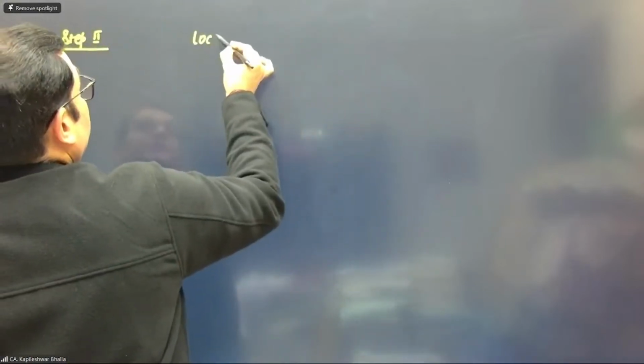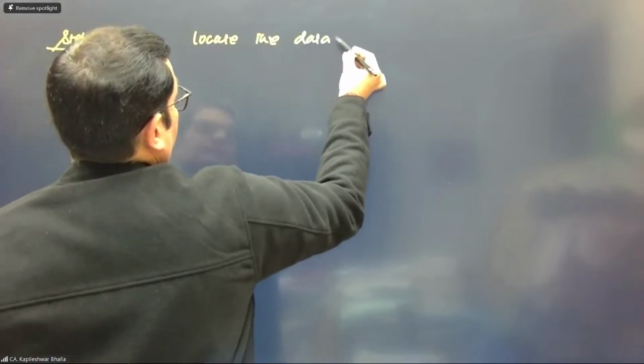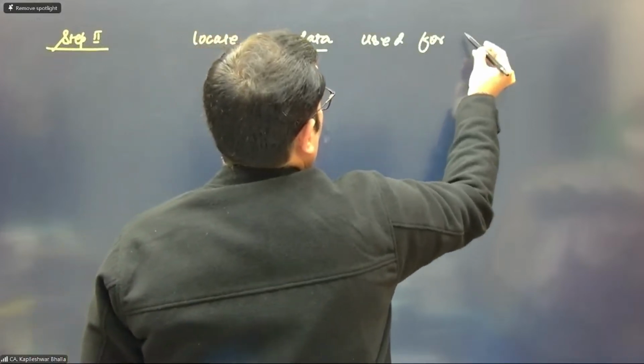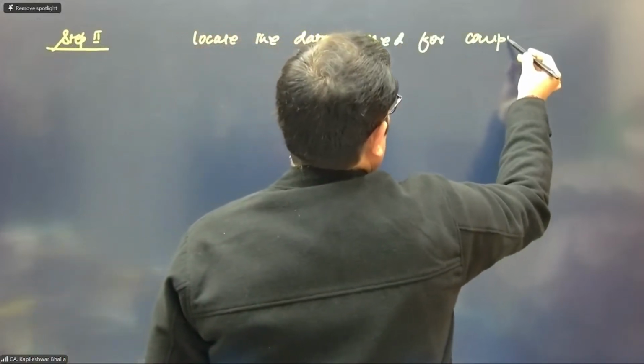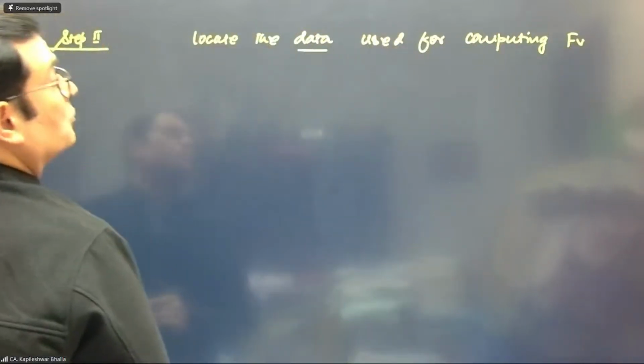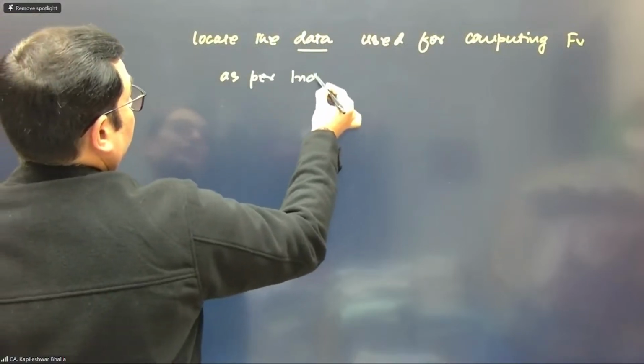In step number 2, now we need to focus on the source of the fair value. What is the data? We need to locate the data which is used for computing the fair value as per Ind AS 113.